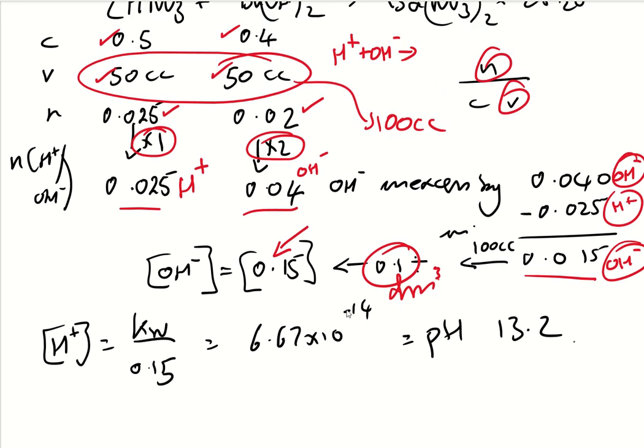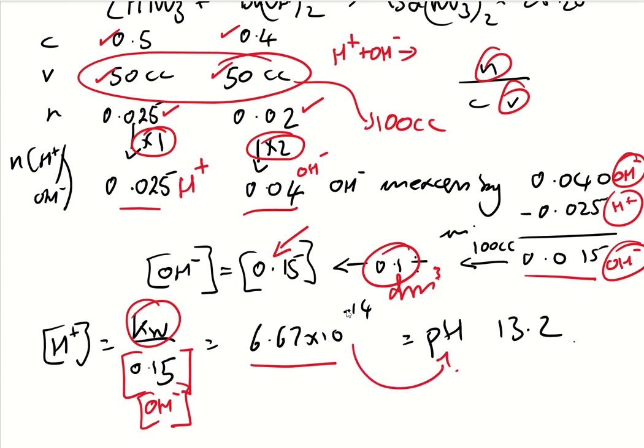Remember, when hydroxide ions are in excess, we go to our Kw. Kw equals the OH minus ion concentration, which is 0.15, and that gives us the H plus ion concentration. And of course, to get pH, we minus the log of the H plus ion concentration, and again we get 13.2 in this instance.